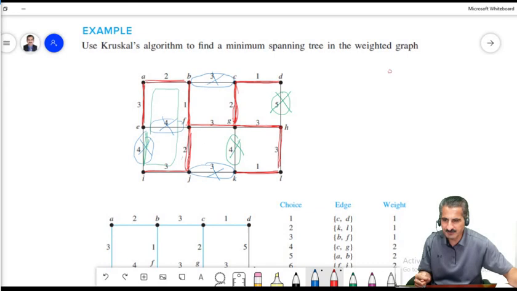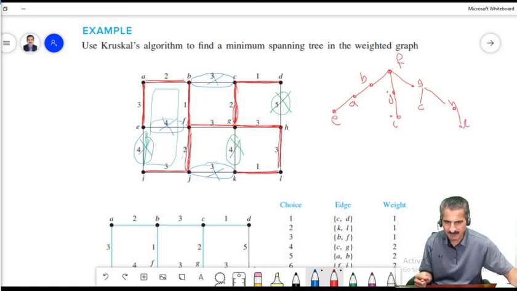So we can draw a tree. We started with F, and then B. From B we chose A, and from A we chose E. From F we went to J, from J to I, and from F we went to G, and from G we went to C and H. From H we went to L, and from L to K, and from C to D. So we got this tree.